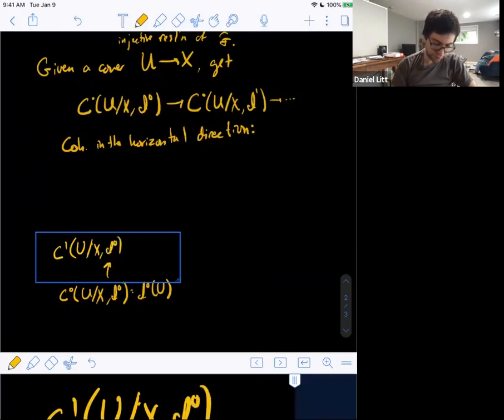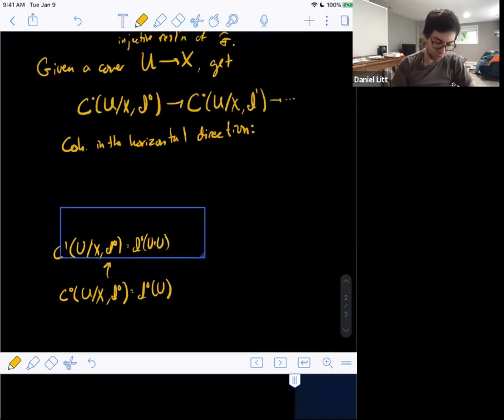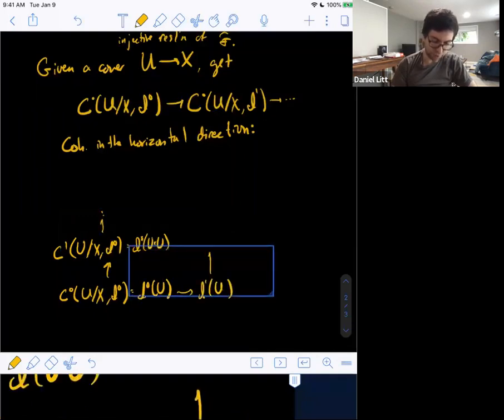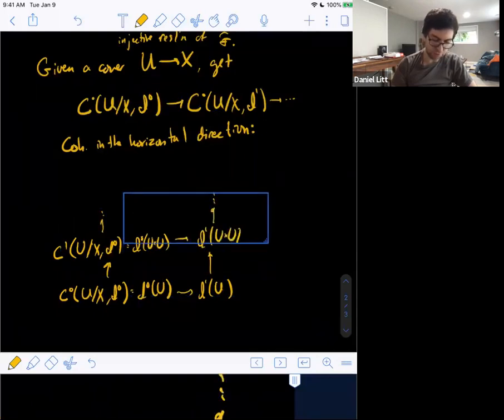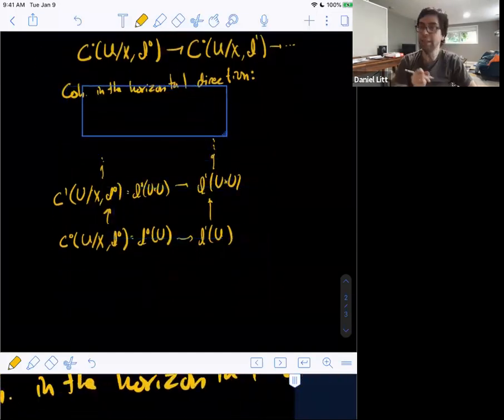So here we get I0 again. This is I0 of U cross U, and then so on. And this goes to I1 of U, which is the first thing in the Čech complex of U. This goes to I1 of U cross U, and so on. Computing the cohomology in the horizontal direction, so the E2 page of the spectral sequence, we get the Čech cohomology, right?